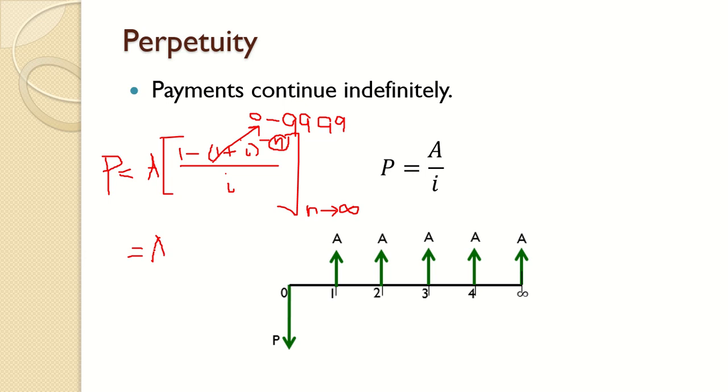That's A. Now you have 1 minus 0 is 1 over i. Then we can multiply i to get this. So dali ra kayo kung perpetuity. However, wala kay magamit og perpetuity, so most of our calculation will be based on, or we will be dealing with ordinary annuity, annuity due, and deferred annuity.